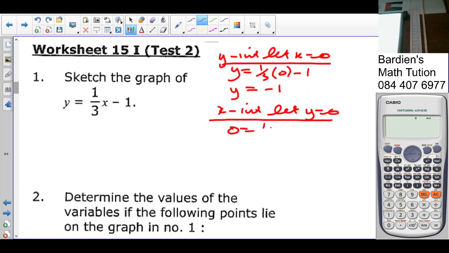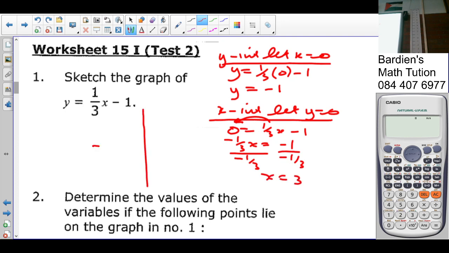So 0 is equal to a third x minus 1. We take it over the equal sign, it is negative. A third x equals negative 1. Divide by a third both sides. So x equals 3. Enough information to draw the graph. You got your y and your x there. x is approximately 3 there. y is negative 1. Again, draw the graph.